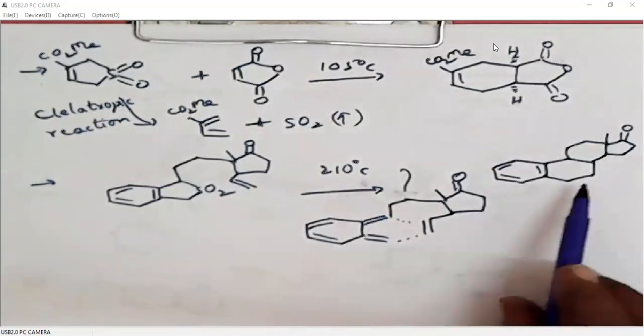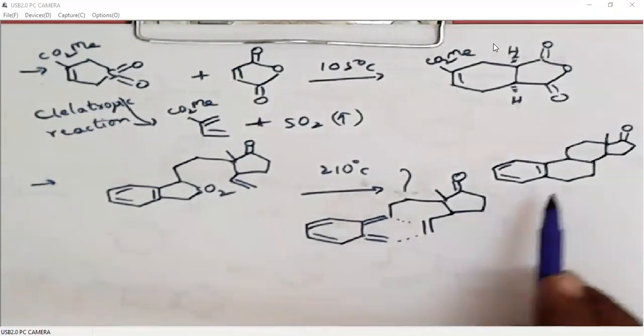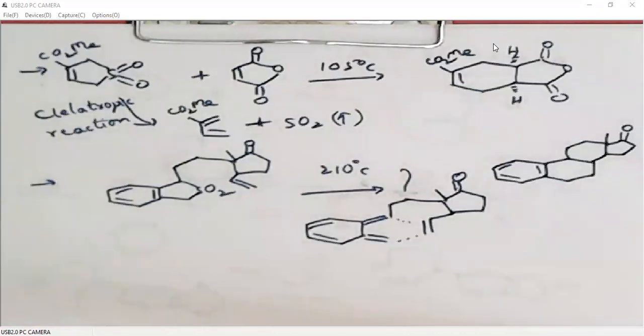So this tetracyclic system is very famous in natural products, cholesterol. So we can simply construct this tetracyclic system using this cheletropic elimination followed by intramolecular Diels-Alder reaction. See how simple it is. Without pericyclic reactions, it would be a Herculean task to generate this tetracyclic system.